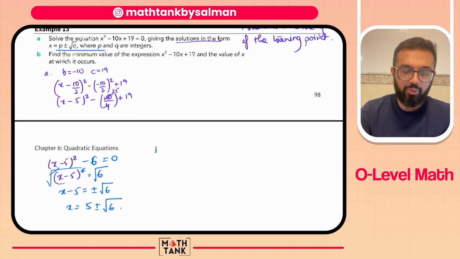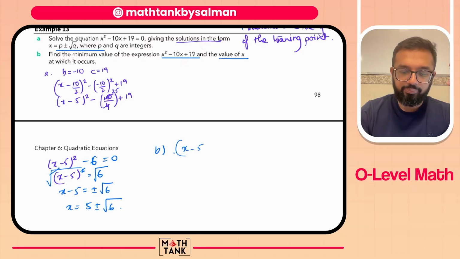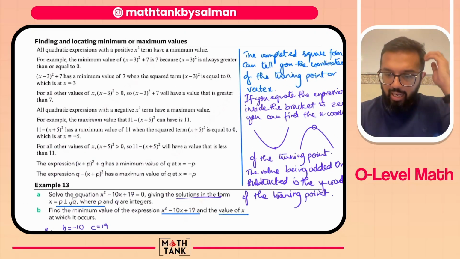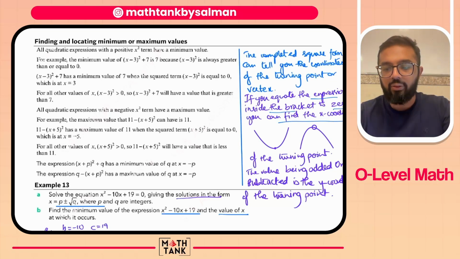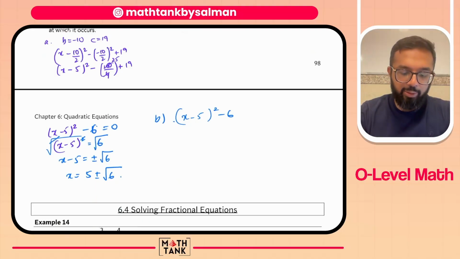And what I really wanted to teach you was the second part. It says find the minimum value of the expression this and the value of x at which it occurs. So you have the completed square form. I told you up here that if you equate the expression inside the bracket to 0, you can find the x coordinate of the turning point. So what is the expression inside the bracket?